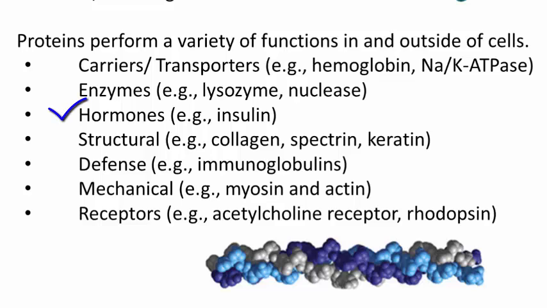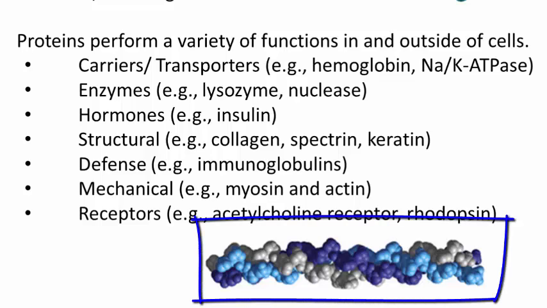Another category of proteins are those which are hormones. Probably the most familiar example here would be insulin. Insulin is actually a protein that serves as a hormone. Proteins can also serve a structural role, and I give three examples: collagen, spectrin, and keratin. Collagen is the protein found in cartilage, and the bottom drawing on this slide is actually a depiction of collagen, which is three strands.